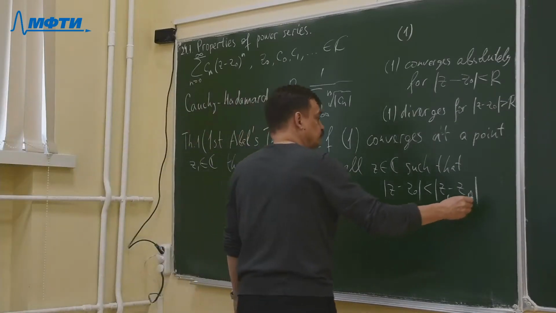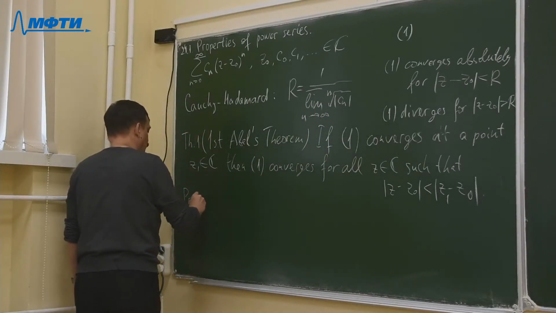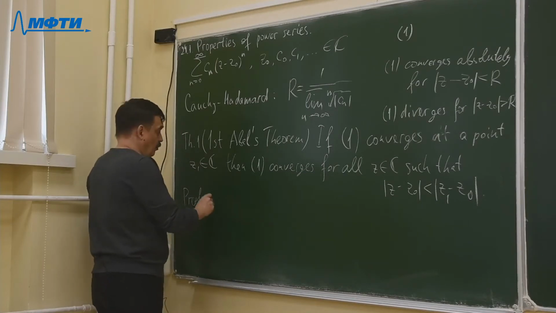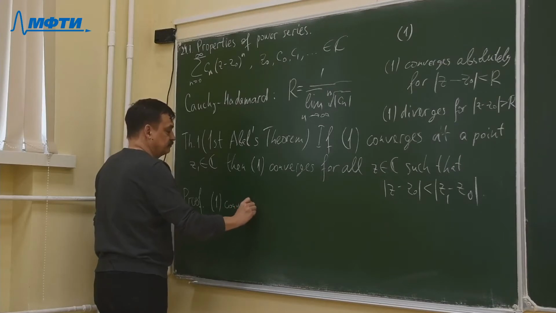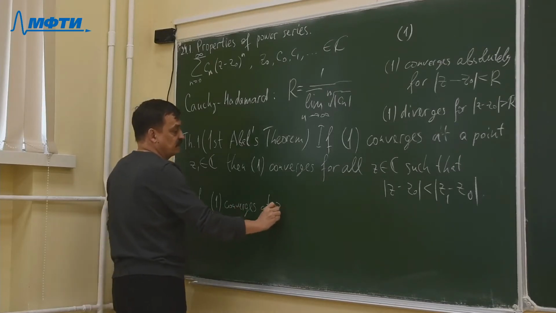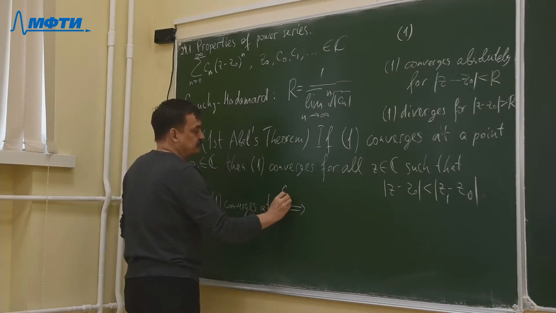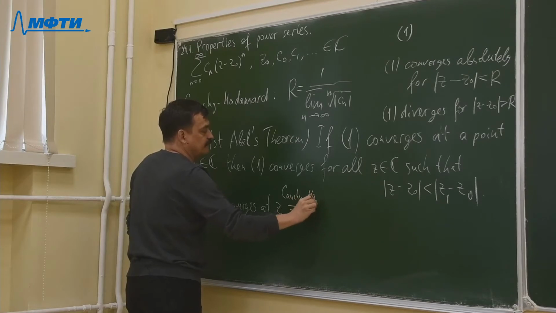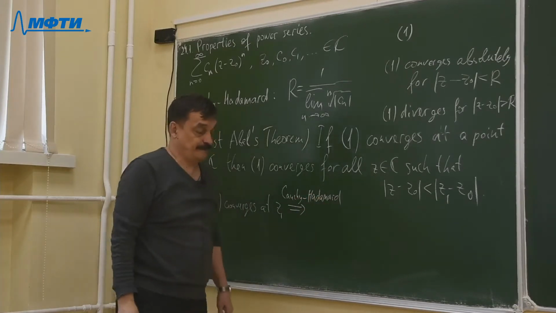Proof. So (1) converges at z1. Cauchy-Hadamard implies then, what does it imply? Let us think a little bit.